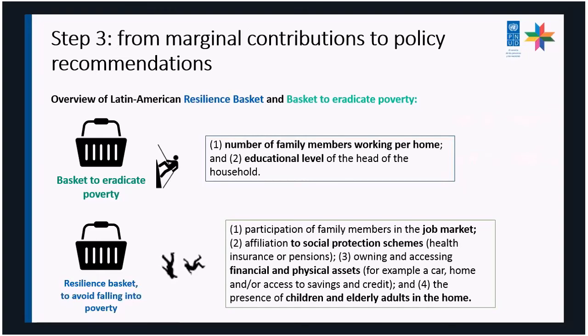So, from marginal contributions to policy, as an overview, for this series of webinars, the activities consisted in reaching two different baskets: one to eradicate poverty and one called the resilience basket to avoid falling into poverty.